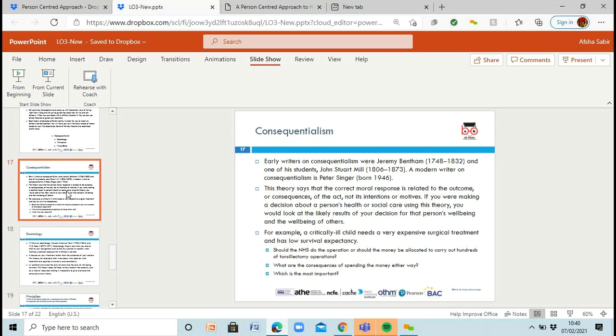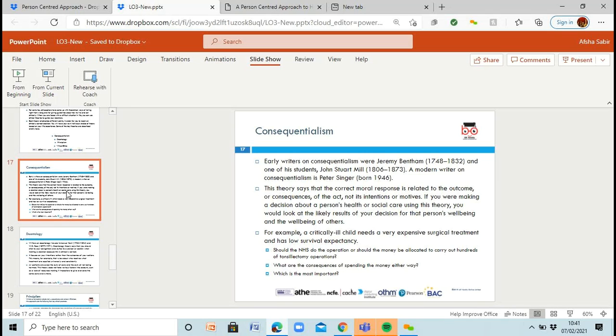And now we've had a modern writer who's changed a few things, called Peter Singer, and he was born in 1946. Now, consequentialism says that the correct moral response is related to the outcome or the consequences of the act, and not its intentions. So if you're making a decision about a person's health, using this theory, you would look at the results of your decision for that person's well-being.